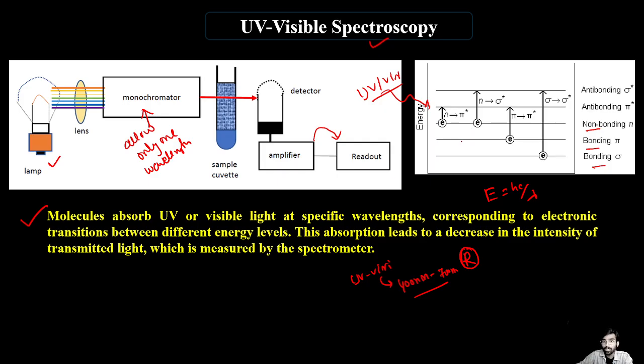So from sigma to sigma star, pi to pi star, that absorption causes a decrease in intensity. Suppose, let's assume, the incident light intensity is 100. After absorption we are getting 60.